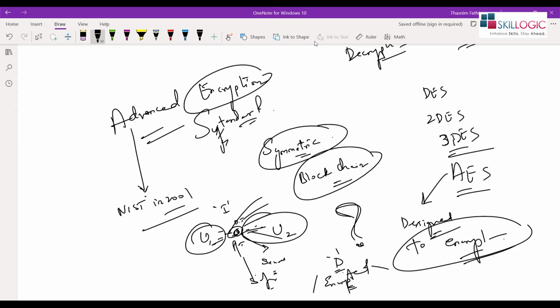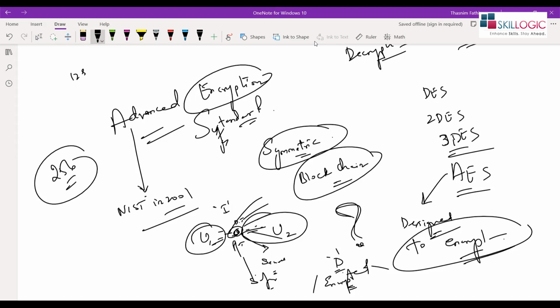DES and AES are both designed to encrypt a sequence of data elements. DES is designed to encipher and decipher just 64-bit blocks of data. When it comes to AES, it has a key of up to 256 bits. AES is one of the very modern ones, and the key size length is great.